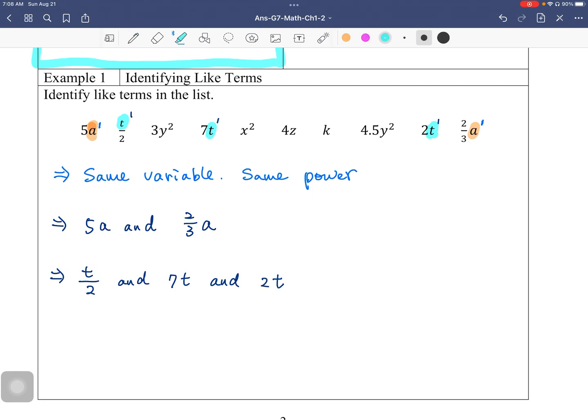And then y to the power of 2, y to the power of 2; these are also the same variable and same power: 3y squared and 4.5y squared. Then x squared, there's no other x squared. 4z, there's no other z. k, there's no other k. So I have these three groups of like terms.